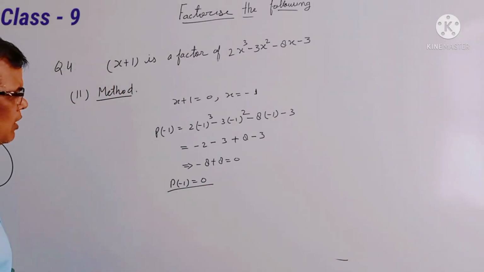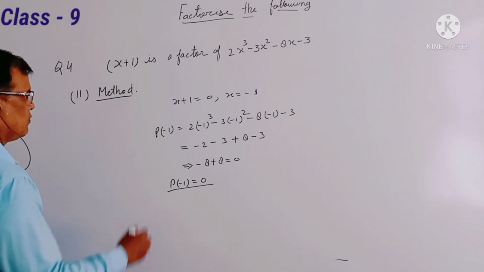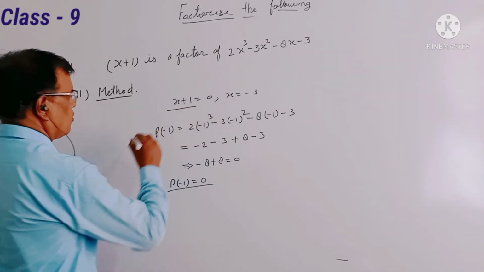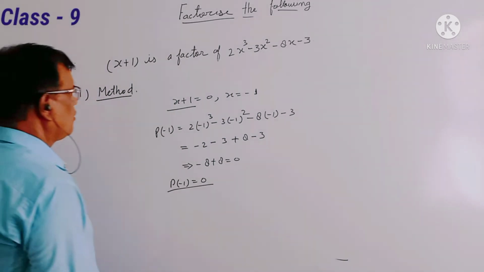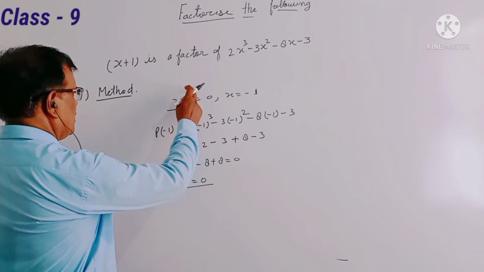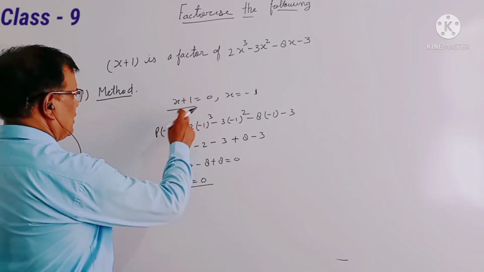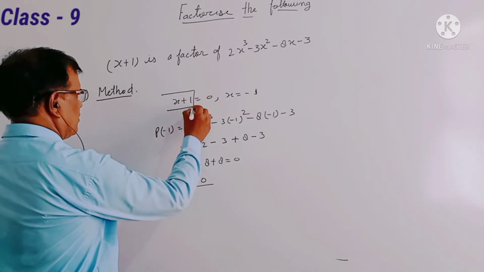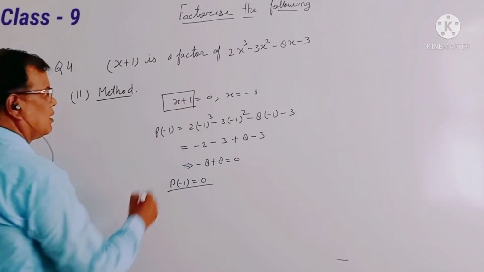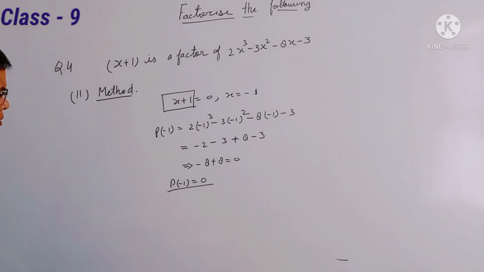Now we are going to arrange how we find all the factors. Because I know the first factor, our target should be that after taking the common factor, the remainder should be x plus 1. So my target is x plus 1 when we take the common.